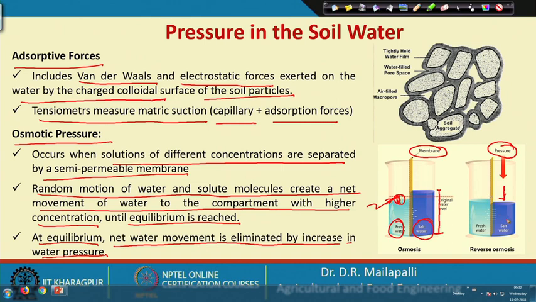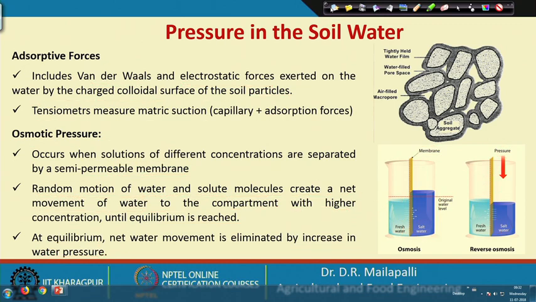So, the salt water, whatever the dirty water, can pass through the semi permeable membrane, and then the fresh water molecules will go to the fresh water side, leaving the salt molecules on the other side.